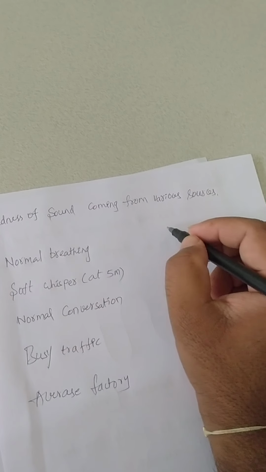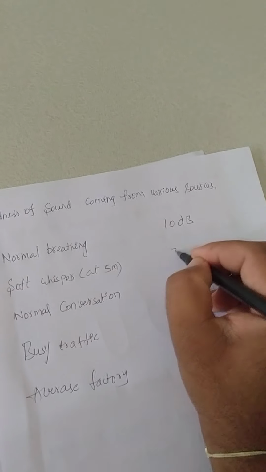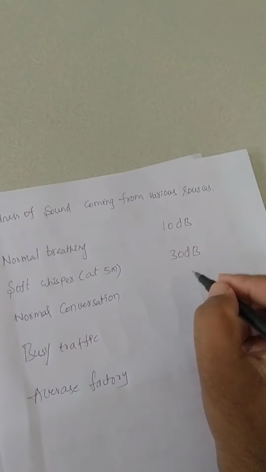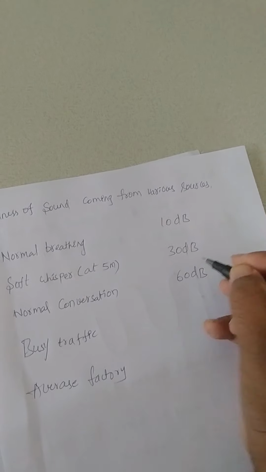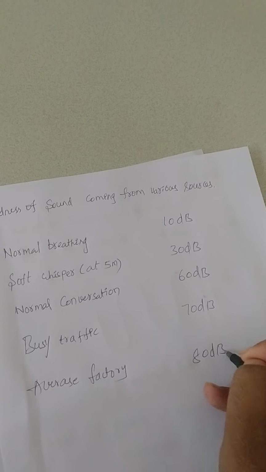The unit of loudness of sound is decibel. Normal breathing loudness of sound is 10 decibel, soft whisper is 30 decibel, then 60 decibel, 70 decibel, and 80 decibel.